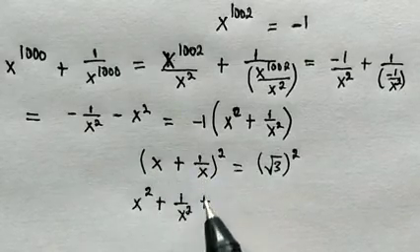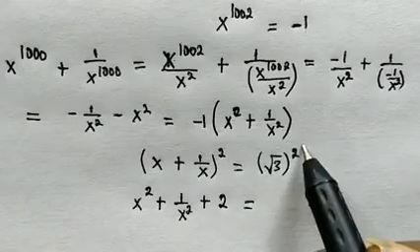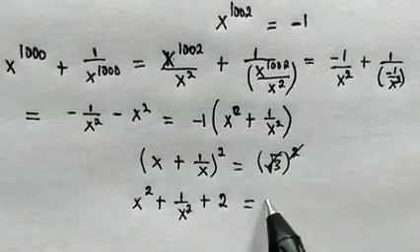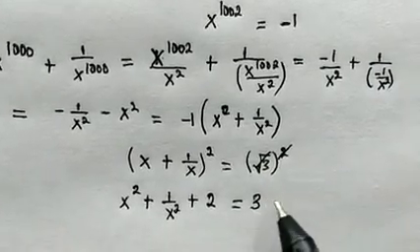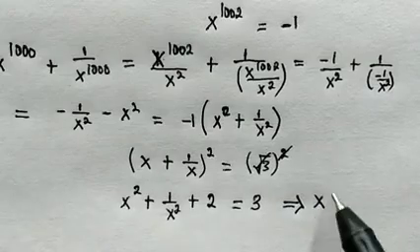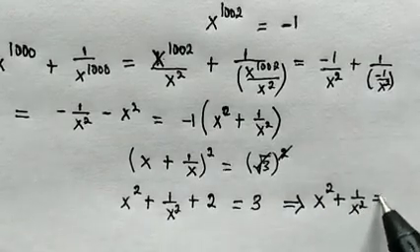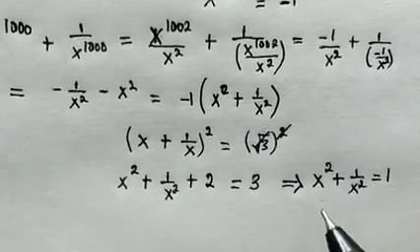And we know x times 1 over x is 1 times 2, we get 2. This is equal to, this cancels this, right? So we're left with 3. Now from here, we subtract 2 from both sides. We arrive at x squared plus 1 over x squared is equal to 1, right?